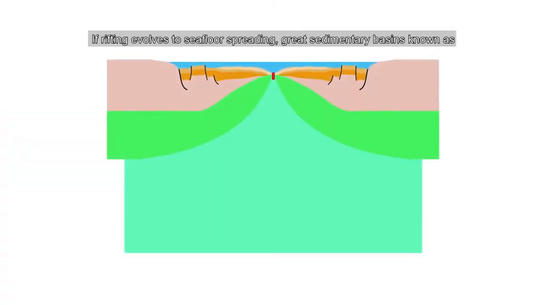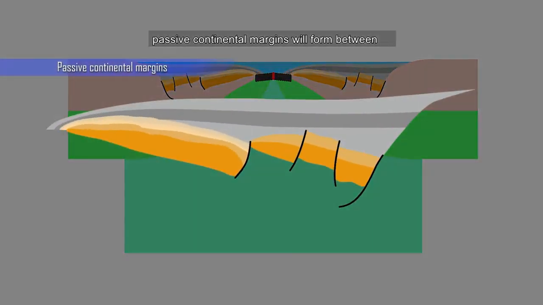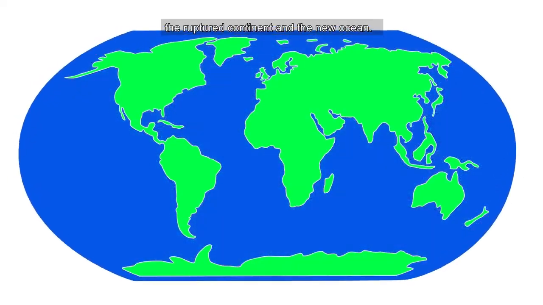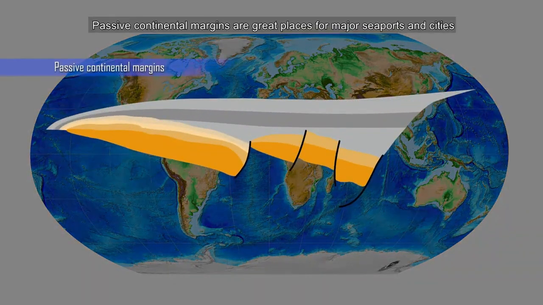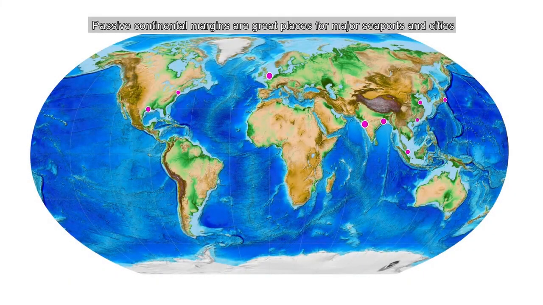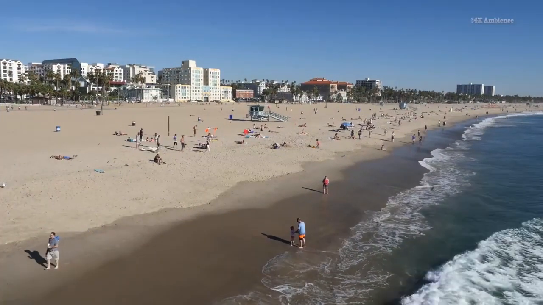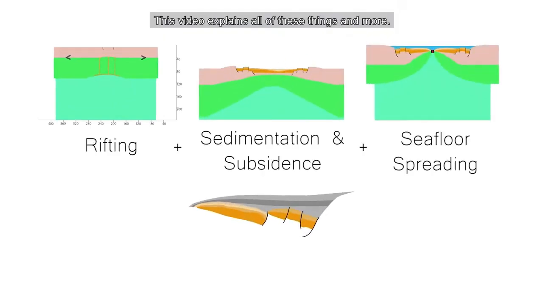If rifting evolves to seafloor spreading, great sedimentary basins known as passive continental margins will form between the ruptured continent and the new ocean. Passive continental margins are great places for major seaports and cities and provide favorite destinations for summer vacations. This video explains all of these things and more.